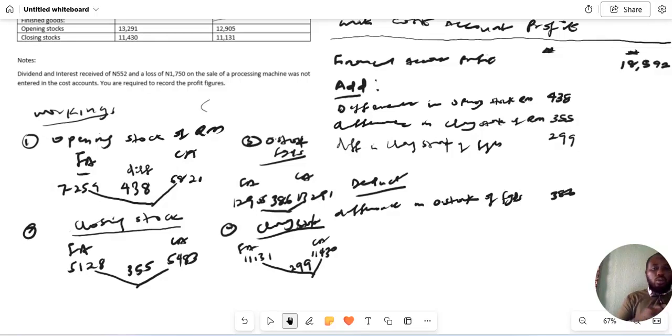These are other income, so we have to deduct it back from the FA profit. So we deduct dividend and interest received. That is 552.